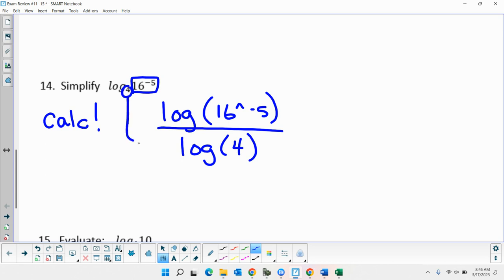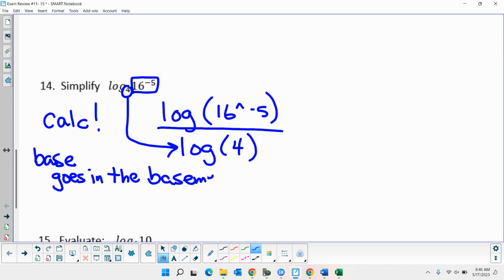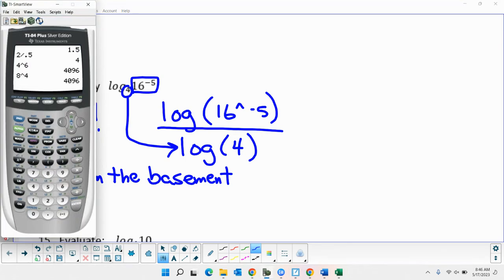The base goes in the basement, right? So just do that in your calculator. All right, log 16 to the negative 5th power divided by log of 4, and you get negative 10.